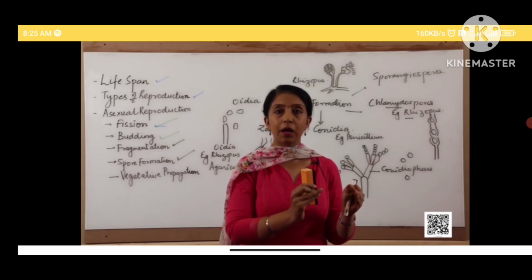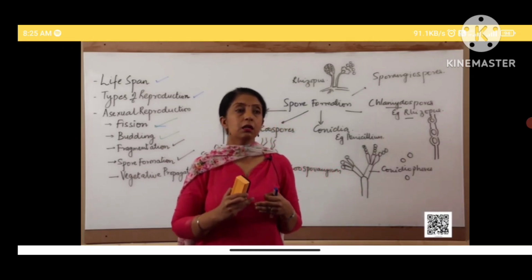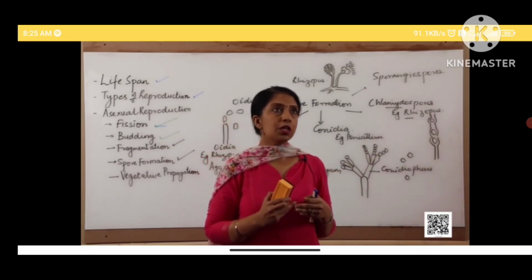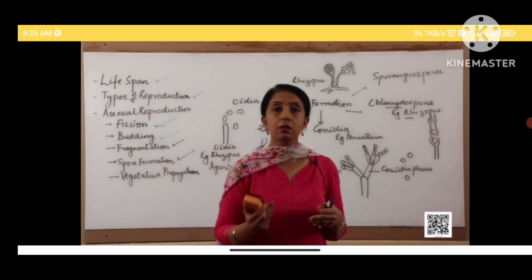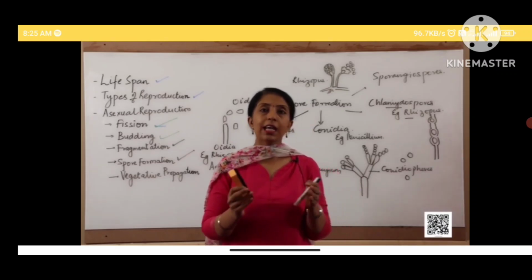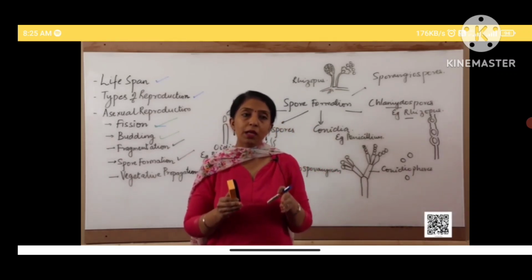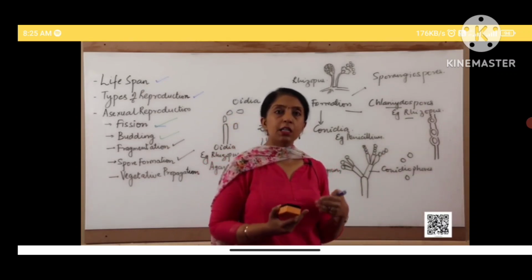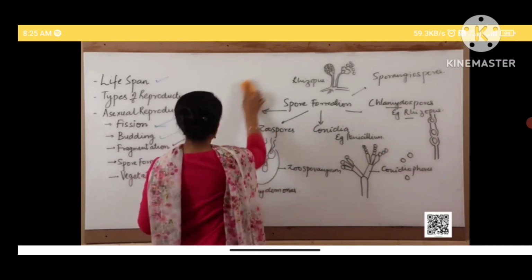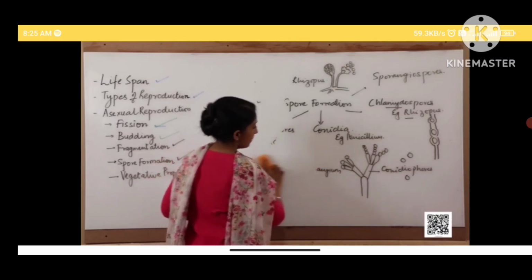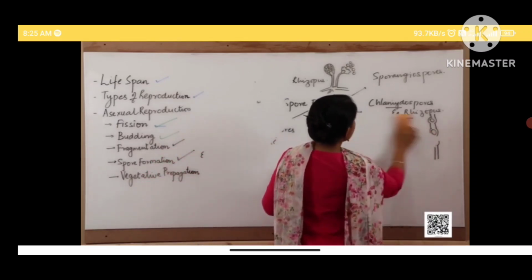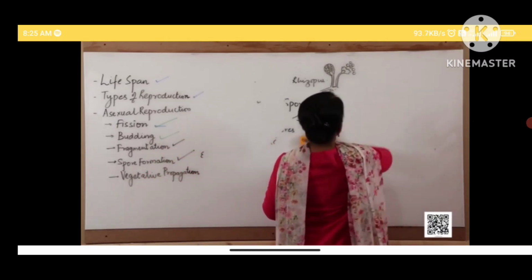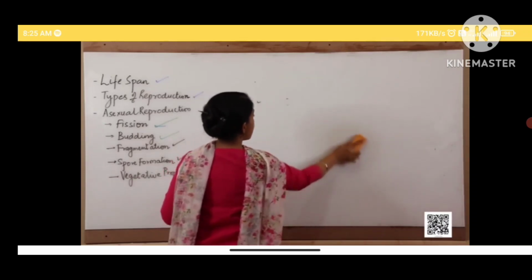If there is a plant variety which has a high yield and is disease resistant, then all these qualities can be maintained when we propagate plants by the method of vegetative propagation. So let us discuss what are the various methods by which vegetative propagation takes place in plants.